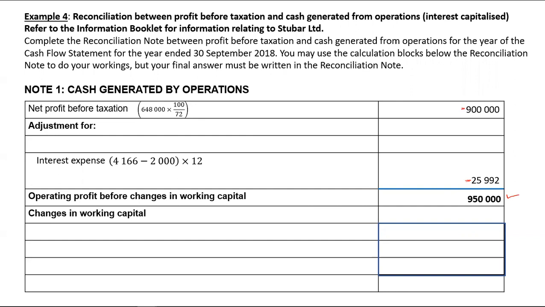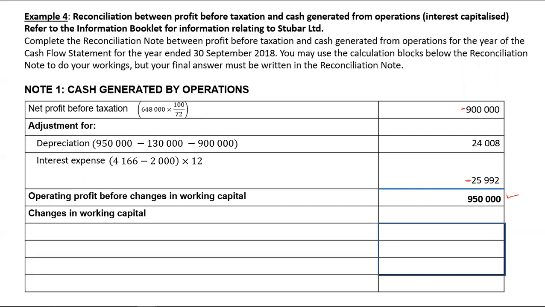And that should give you depreciation, which is the outstanding balance. And your depreciation amount will be 24,008. That's it. Done. Just like that.